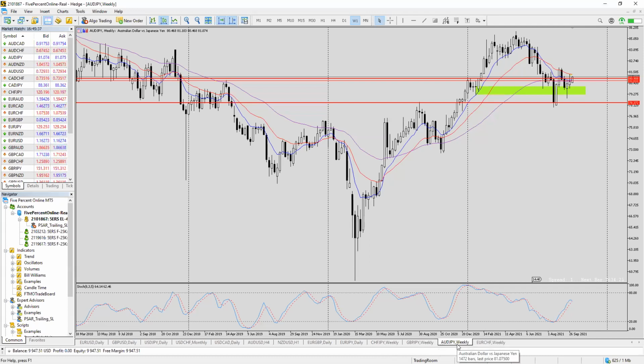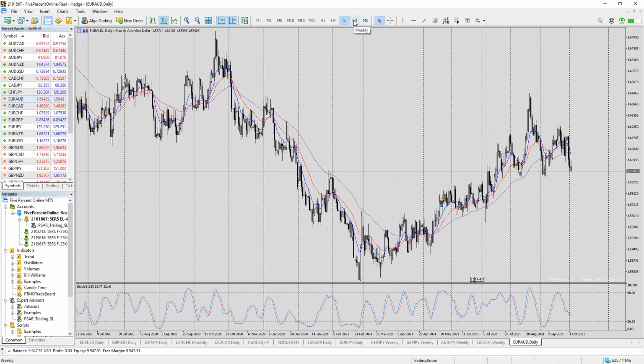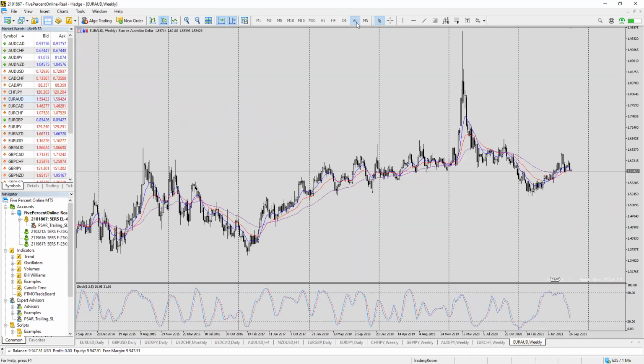in the yen crosses. Let's have a look at the Euro Aussie as per Nikhil's request. So Euro Aussie looks like the overall sentiment now is a little bit more bearish.